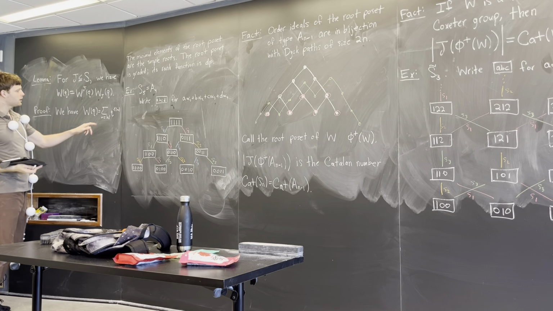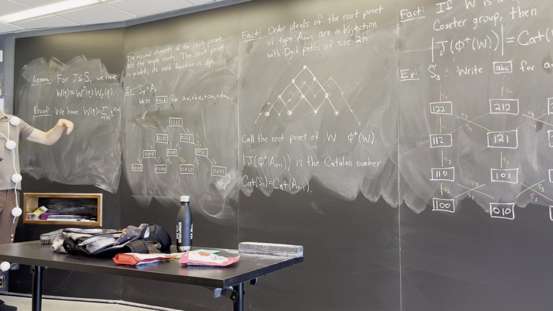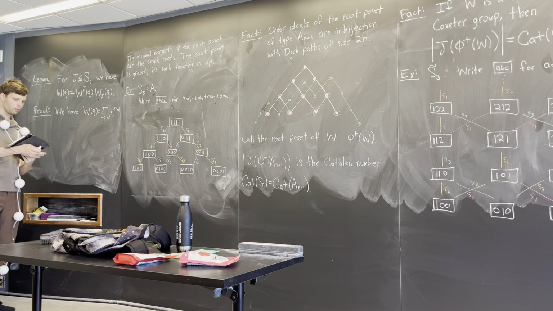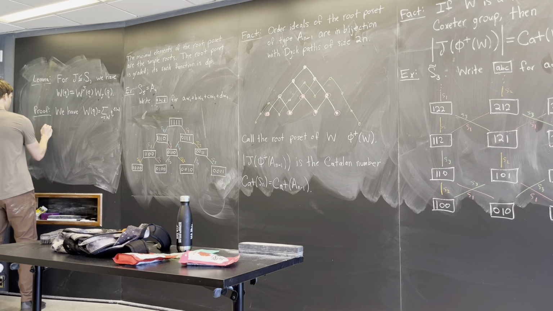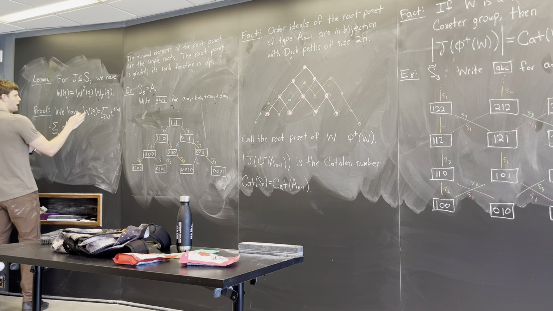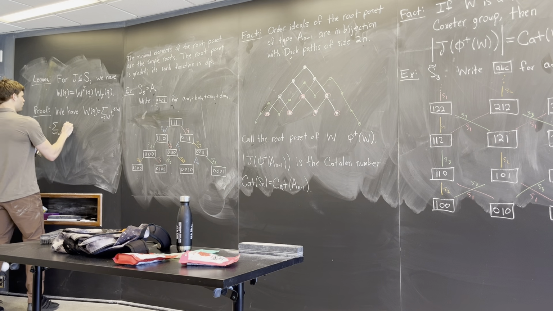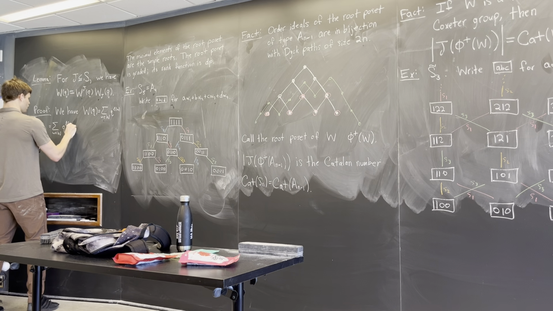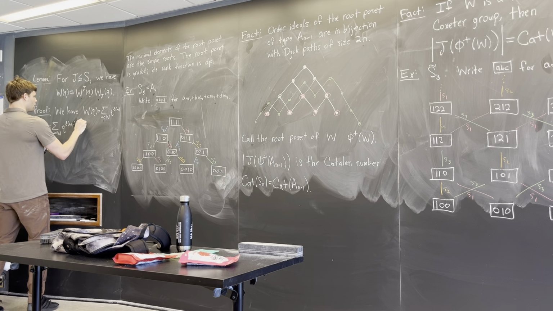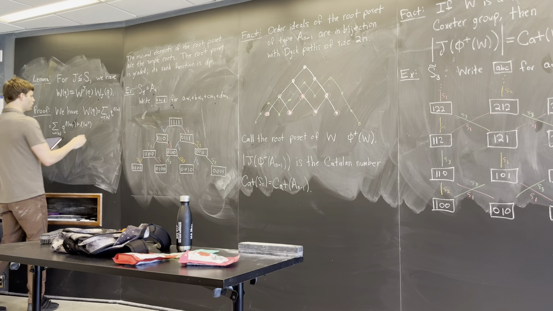But if I take some element w, remember there's this unique way of factoring it into an element of the parabolic quotient times an element of the parabolic subgroup. So this is the sum over w in W of Q to the, and this factorization was length additive, so the length of w is the length of w sub J plus the length of w superscript J, where these are little w's.